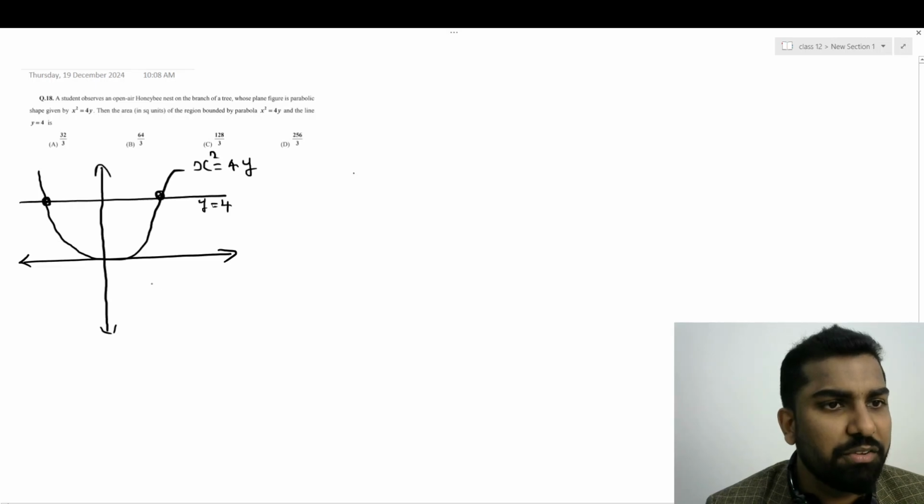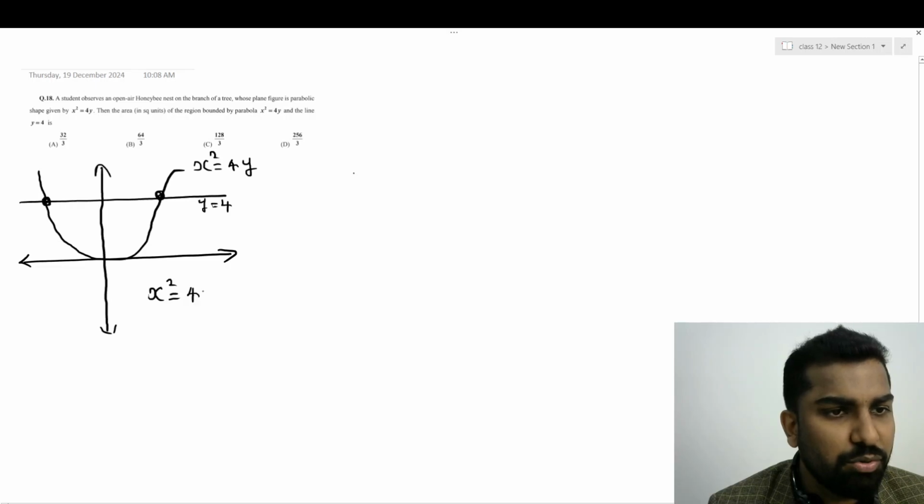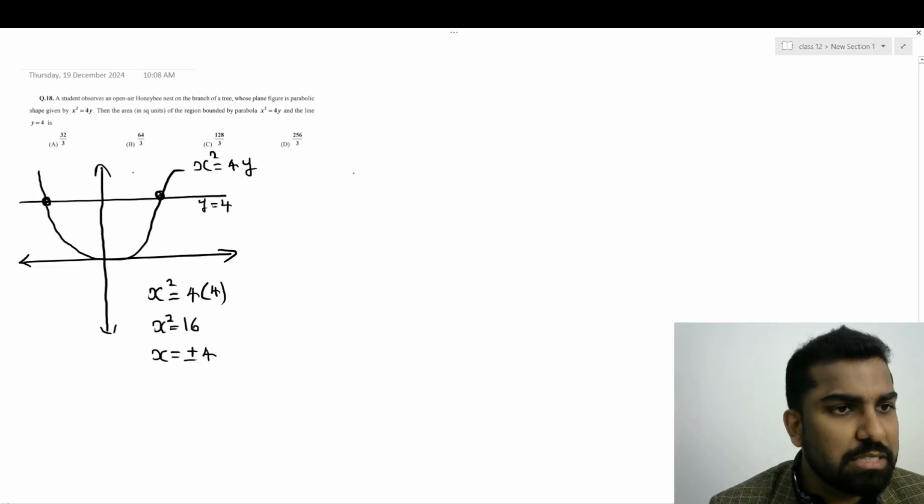If I am substituting y equal to 4 in this equation, x square will become equal to 4 into 4. So x square will be equal to 16. So x square equal to 16, we will have the values x is equal to plus or minus 4. So this is lying in the first quadrant, so x is 4, y obviously is 4 only, and here x will be minus 4, so minus 4 comma 4.